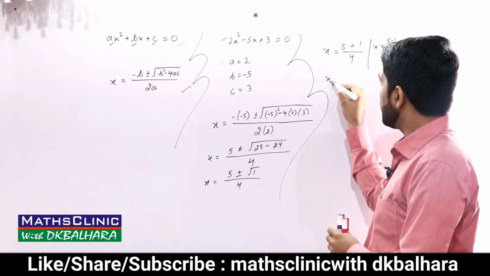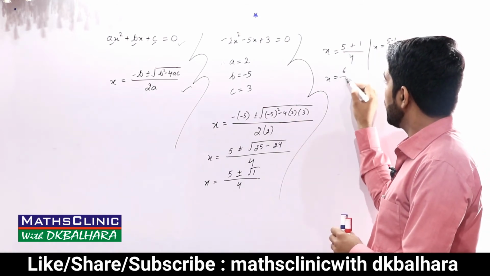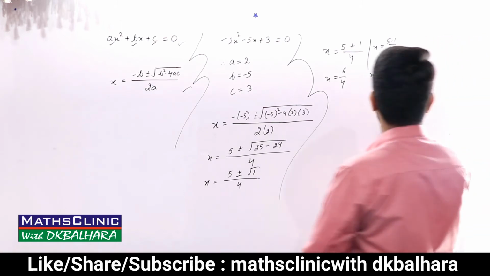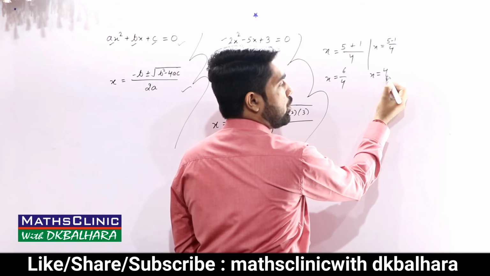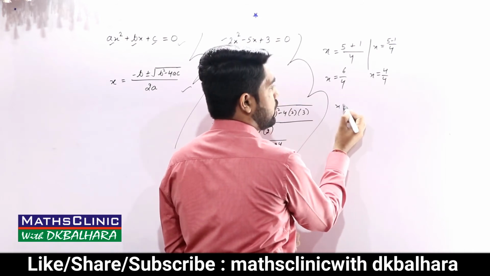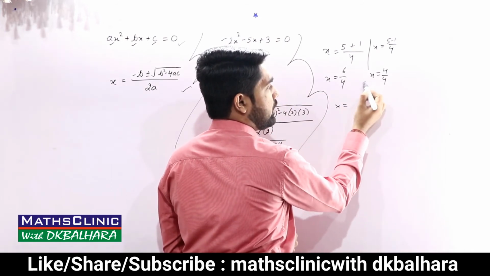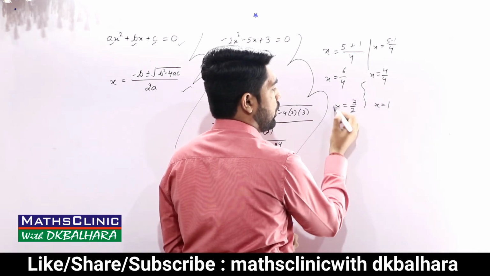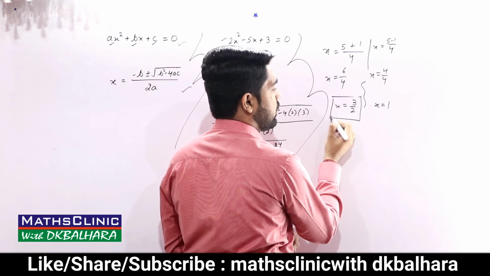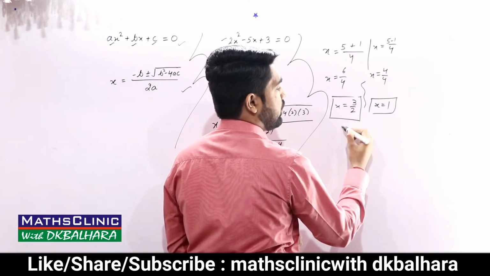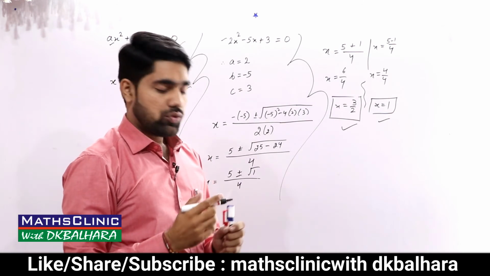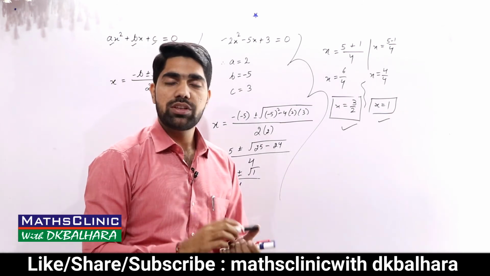Now from here x equal to 5 plus 1, 6 by 4, and from here x equal to 5 minus 1, 4, 4 upon 4. Now simplifying this, x equal to 3 upon 2, and here x equal to 1. Okay friends, look here, x equal to 1 and 3 by 2. These both are same roots as we have found in previous lecture.